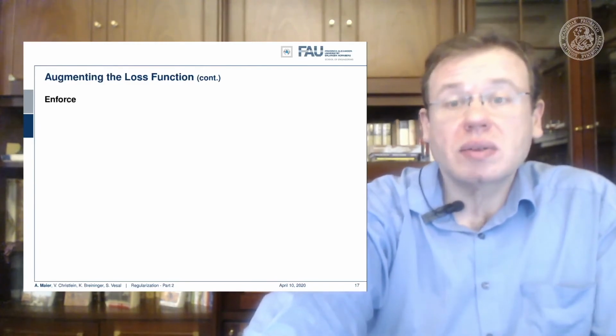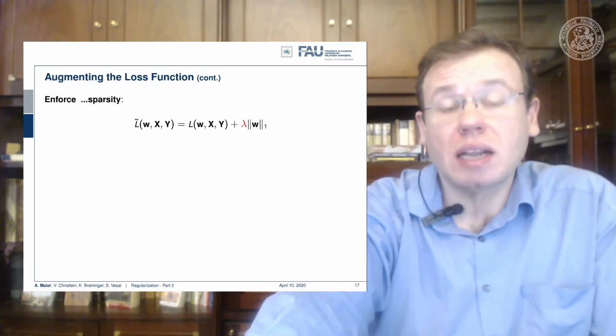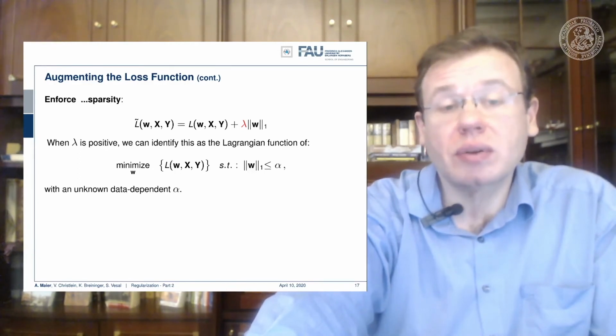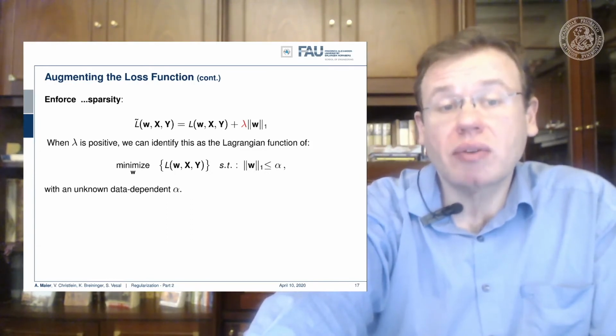We can also use other norms, for example, the L1 norm. So here we again end up in a Lagrangian formulation where we have the original loss function subject to the L1 norm being smaller than some value alpha with an unknown data-dependent alpha.